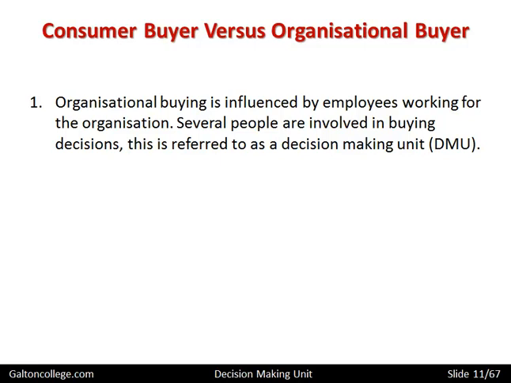It'll involve many people throughout the organization, and they may all form into a committee to look into the desirability of making the purchase. And this committee will be the decision-making unit. They will ultimately make the decision as to buy the equipment or not.